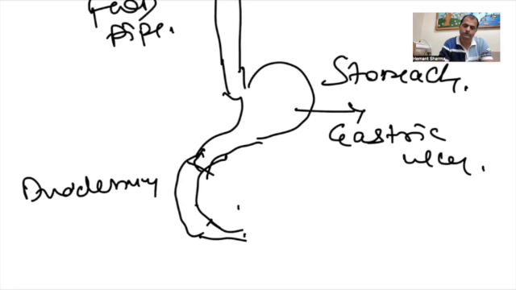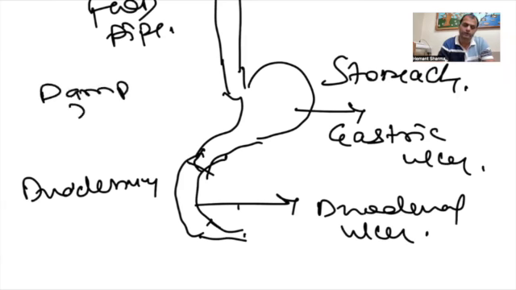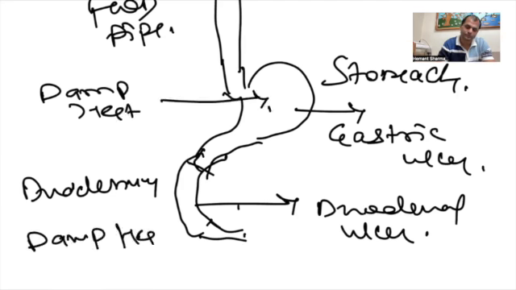If the ulcer is happening in the duodenum, we call it duodenal ulcer. So gastric ulcer is due to the damp heat here, and duodenal ulcer is because of the damp heat here. So wherever the damp heat increases, an ulcer will be created there.